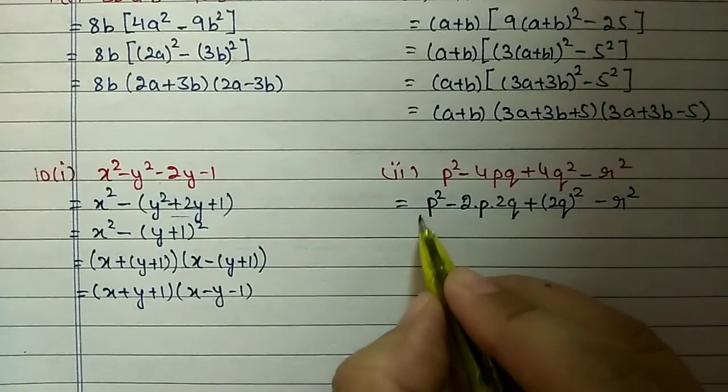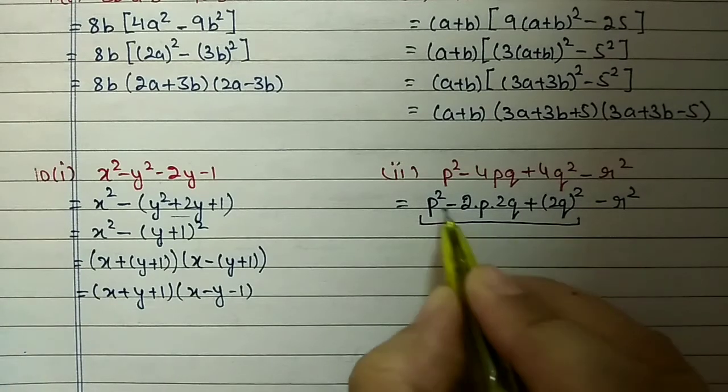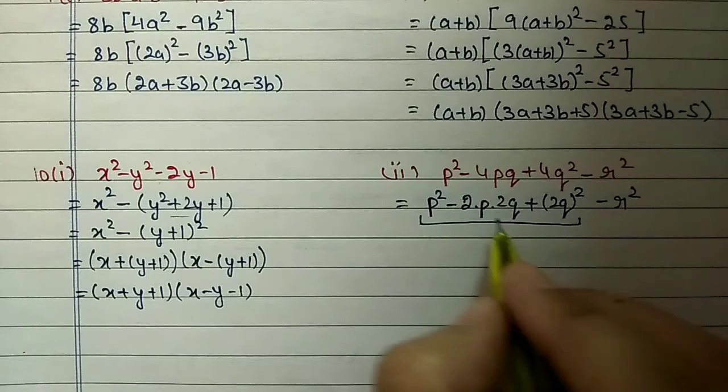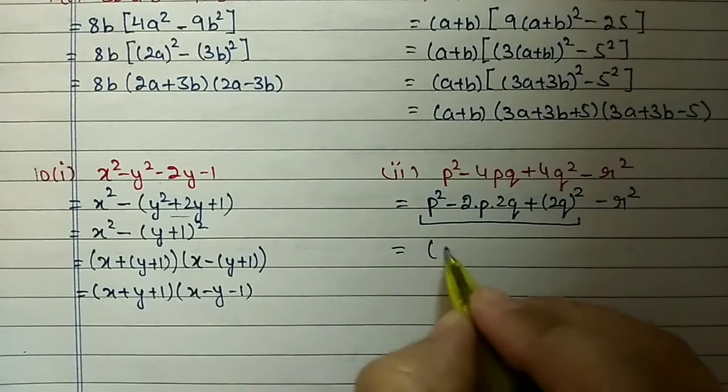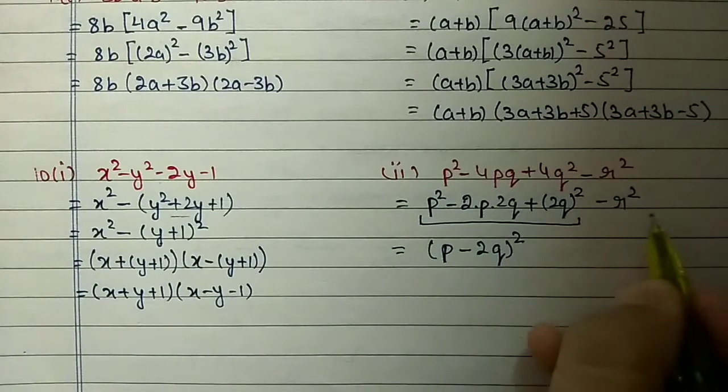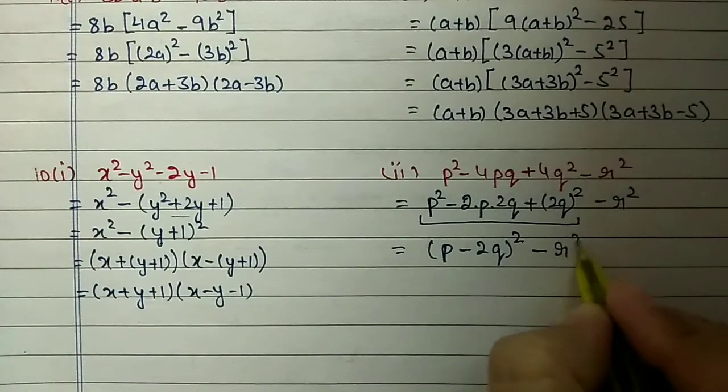So these three you can take together, a square plus b square minus 2ab. You can write as a minus b, p minus 2q whole square, and this last one as it is.